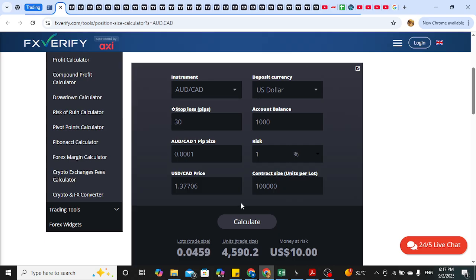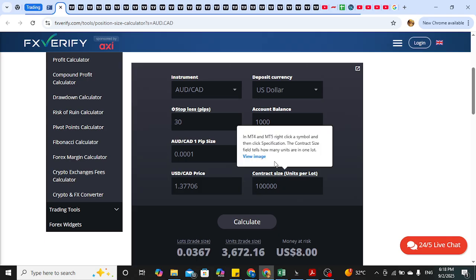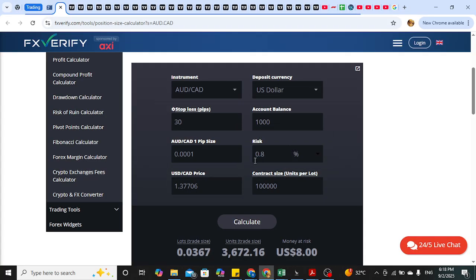Okay, it's 4. So I'm below 1%, which is good. So it's 0.8. Okay, it's below 0.8. It's somewhere between 0.8 and 0.7, I think. Yeah. No, between 0.7 and 0.6.